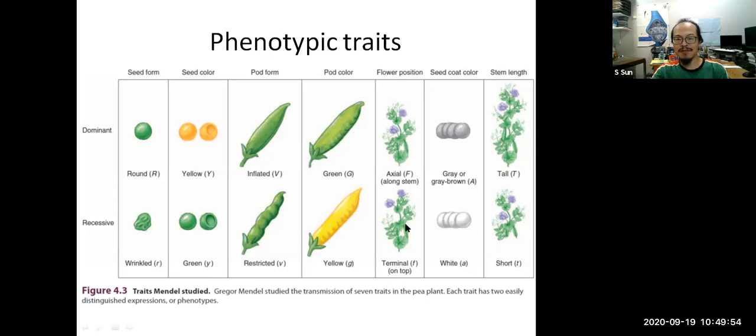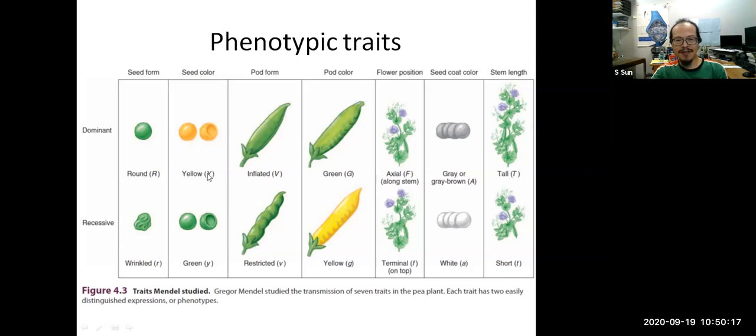He also observed the flower position, on the top, on the terminal, or in the middle. He also observed the color of the pod, the form of the pod, the color of the seed, and the form of the seed.